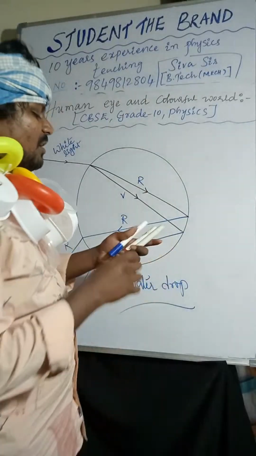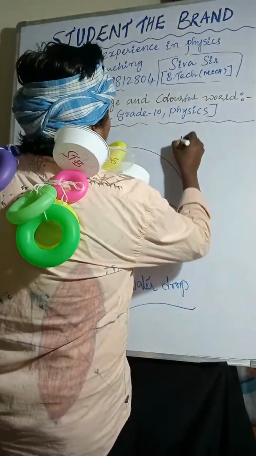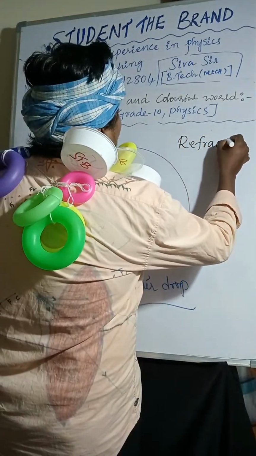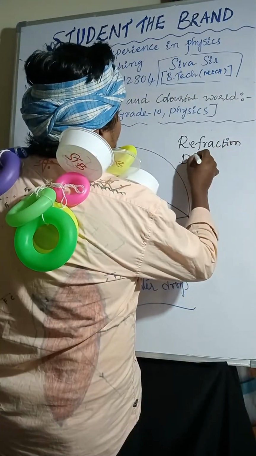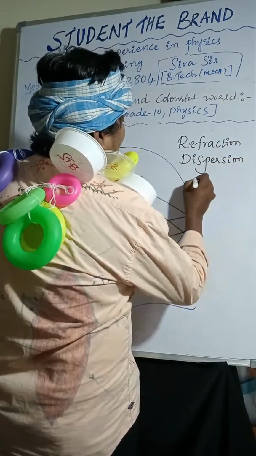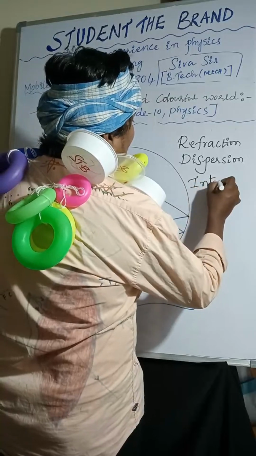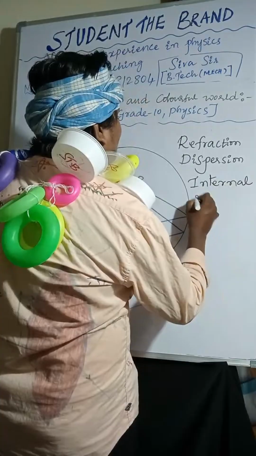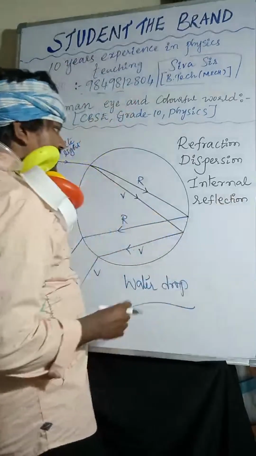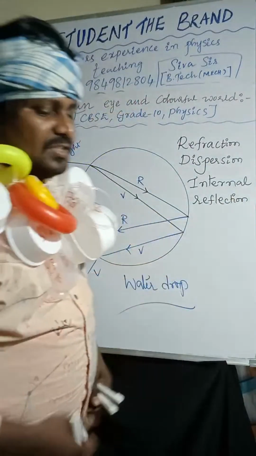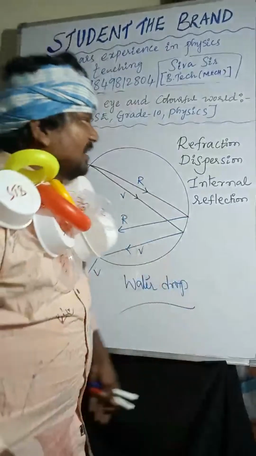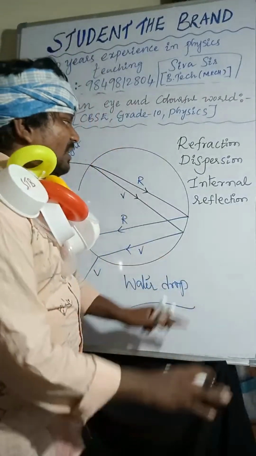The phenomena involved in the formation of a rainbow are refraction, dispersion, and internal reflection.